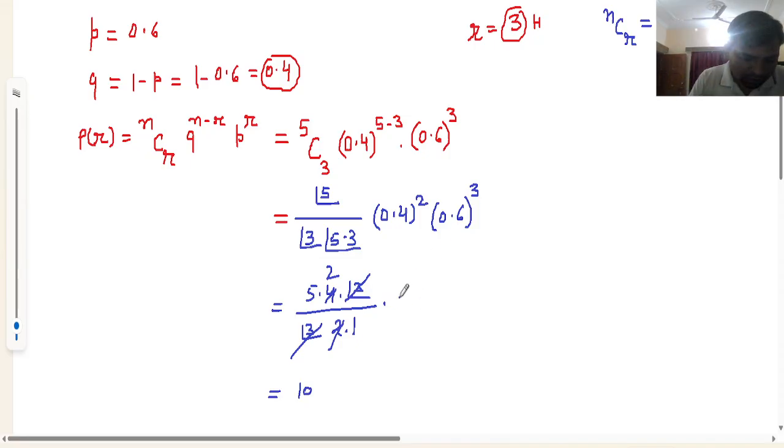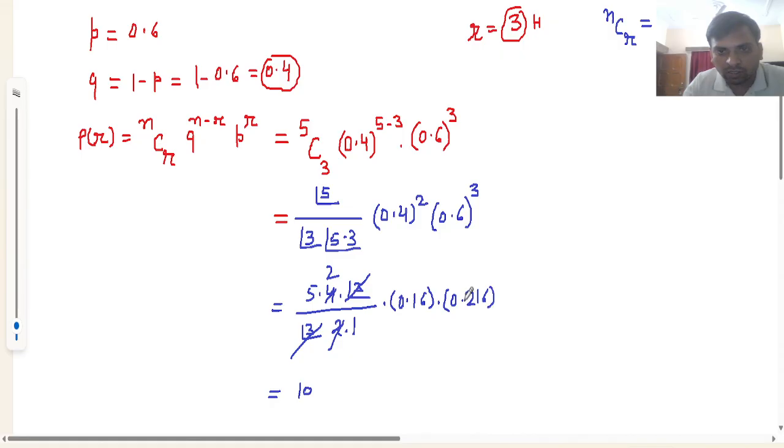So 0.4 squared equals 0.16, and the cube of 0.6 equals 0.216.